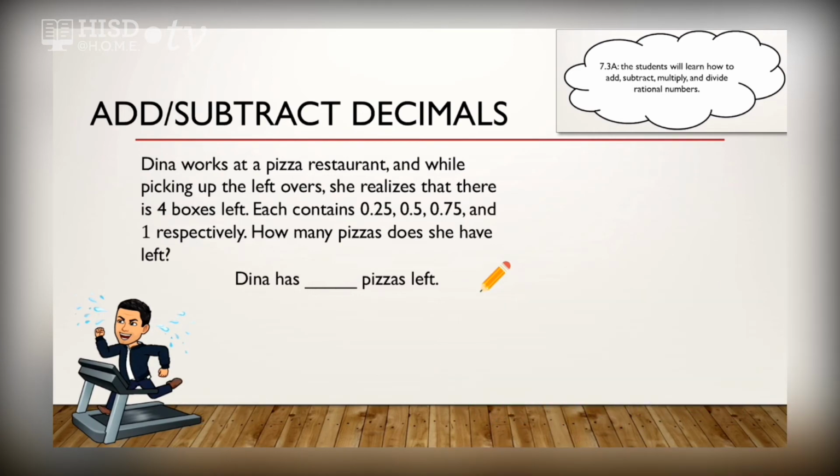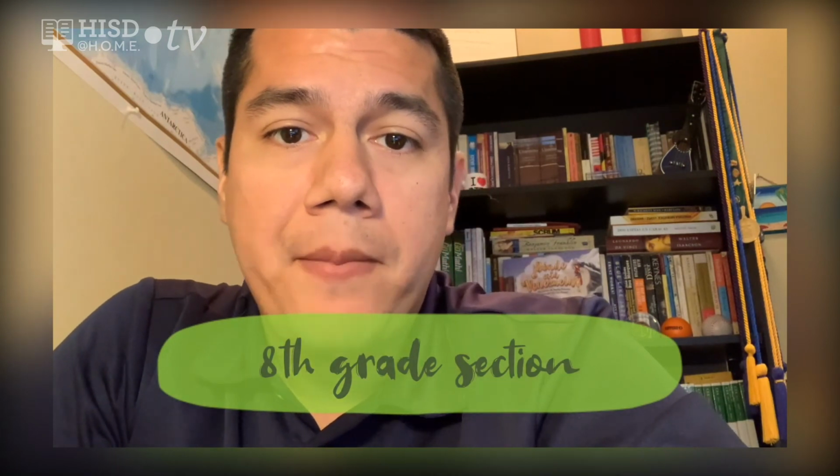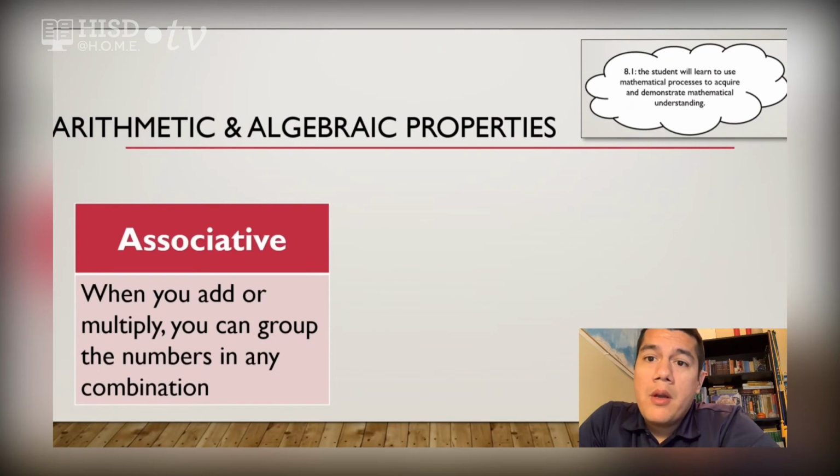Awesome. Now we get to our 8th grade section, and the objective is that the students will learn how to use mathematical processes to acquire and demonstrate mathematical understanding. Specifically, we are going to be talking about arithmetic and algebraic properties.